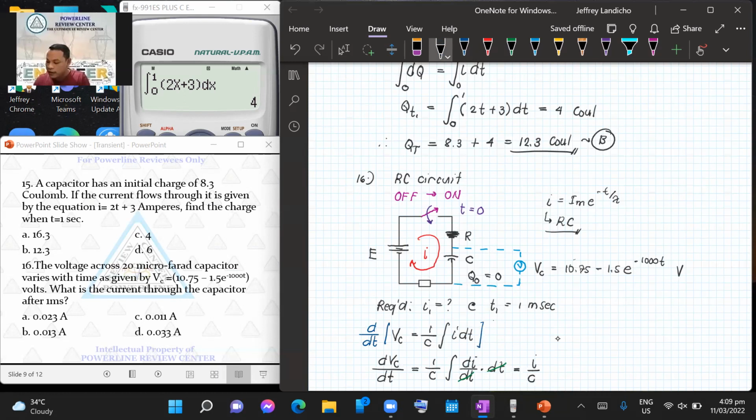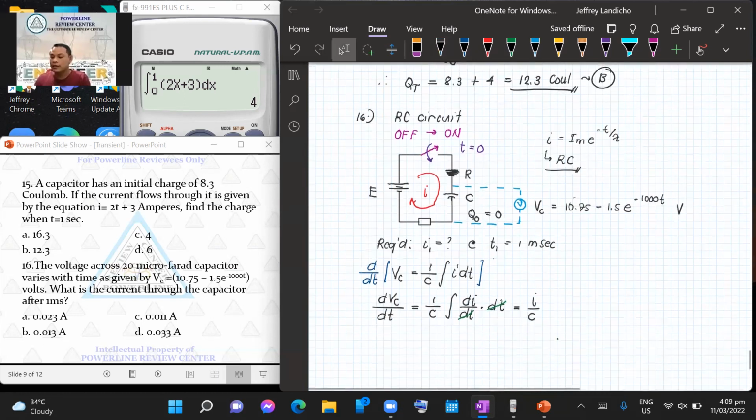Divide by the capacitance. This means the change in the voltage across the capacitor is always equal to the ratio of current over capacitance. So the current is simply capacitance multiplied by the derivative of the voltage across the capacitor.